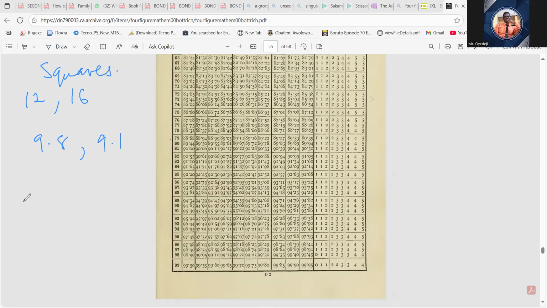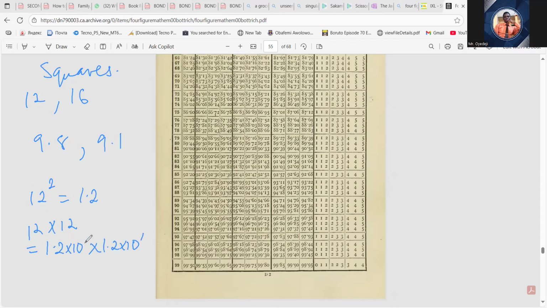So if I have 12, for me to look for the square of 12, I would say 12 equals 1.2 times 10. Are you following me? Since it is 12 times 12, that will be 1.2 times 10 times 1.2 times 10.